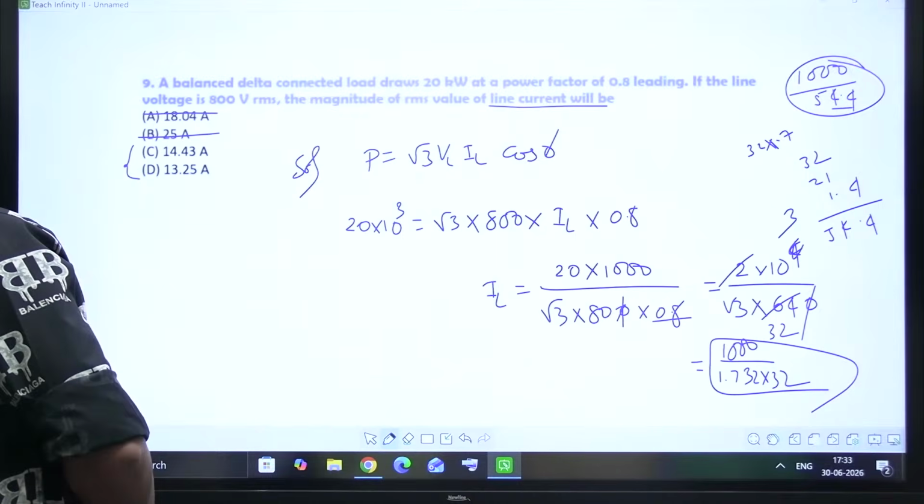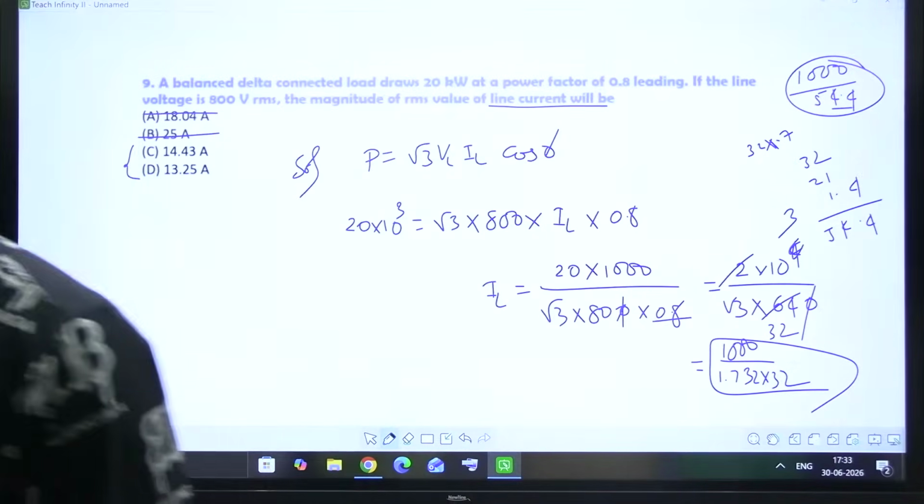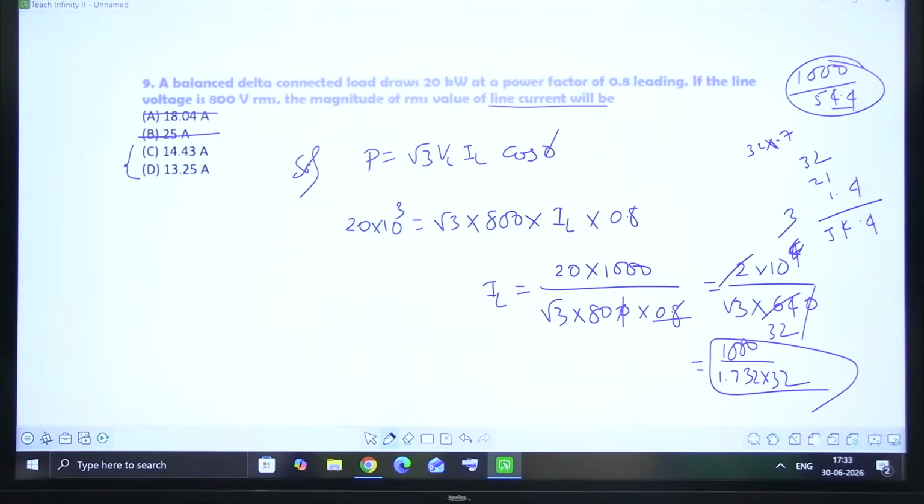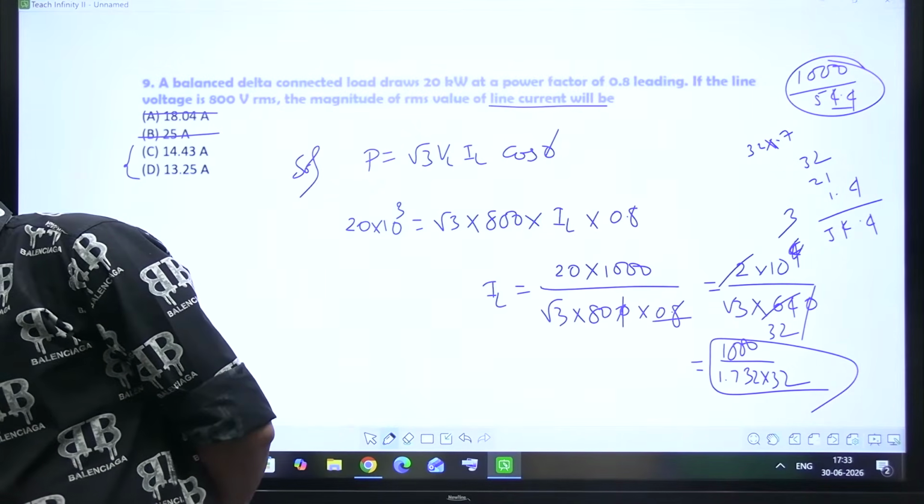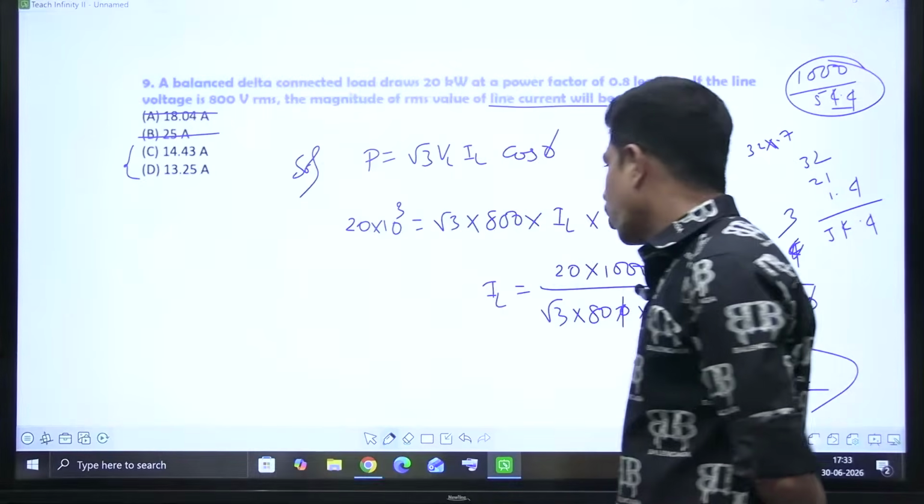Is that so? So it means I committed some calculation mistake. Okay, the process is this only, you just do this calculation.